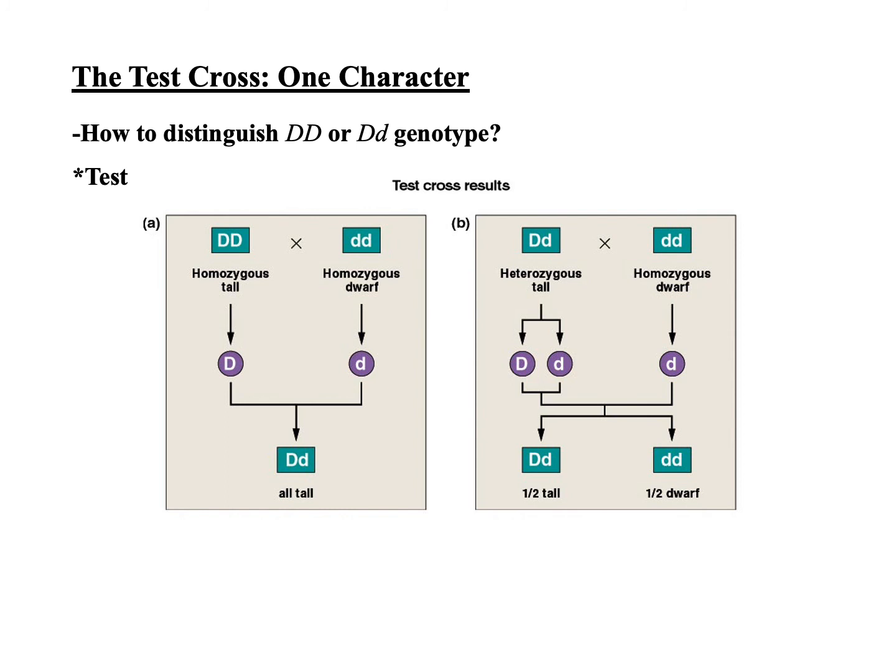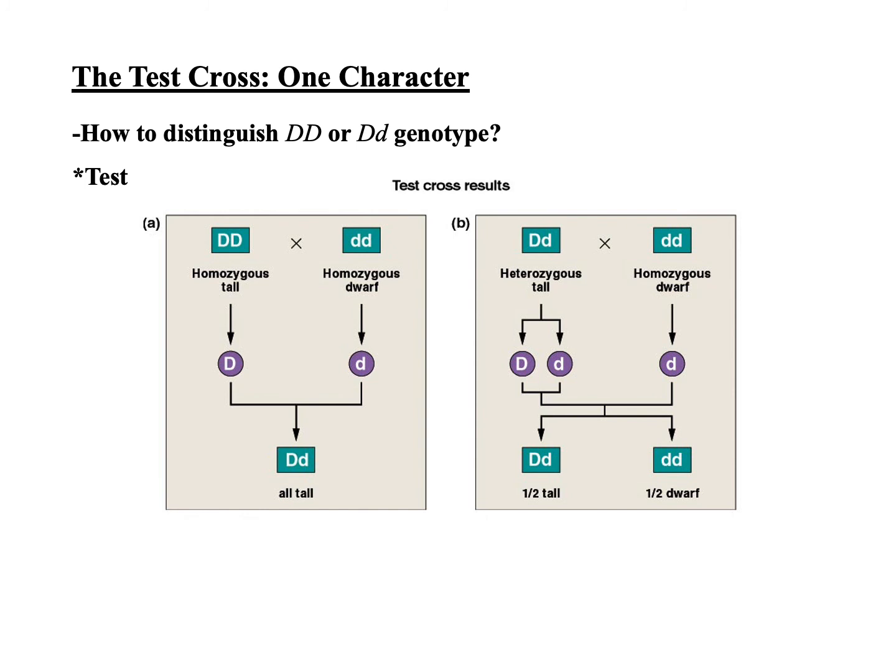However, in panel B, if the individual in question, again, an individual with the dominant phenotype whose genotype we are trying to establish, is heterozygous, if you go through the crosses that you would expect, in the end you would expect half of your offspring with the tall phenotype, and half of the offspring would have the dwarf phenotype.